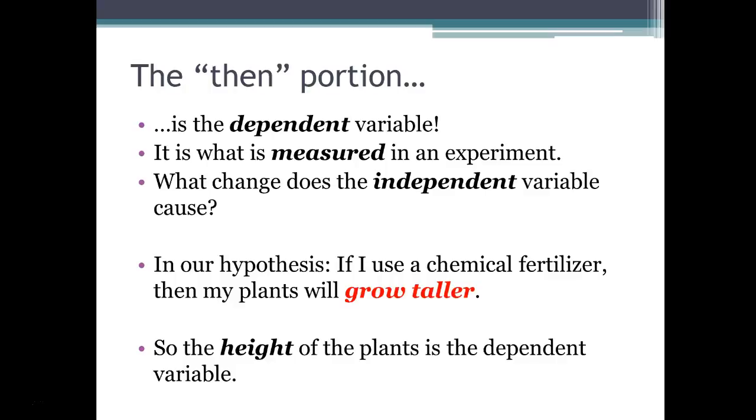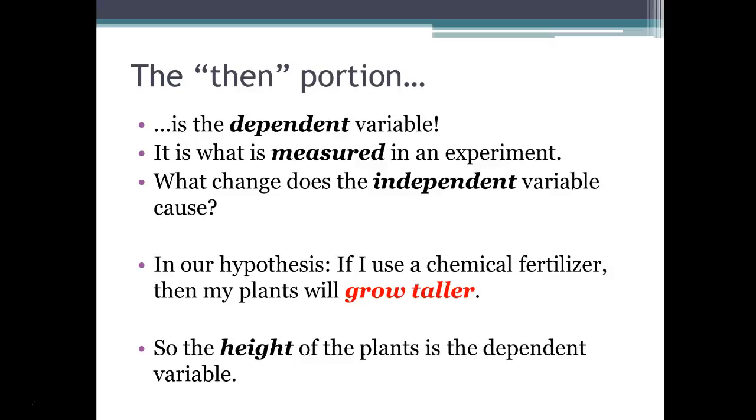Going back to that if-then statement, the then part of the hypothesis refers to the dependent variable. In every single experiment, the dependent variable is what is measured. You may have heard in the past that the dependent variable is what changes based on the independent variable, and that's also true. But if you think about what's being measured in an experiment, almost always that's going to point you towards the dependent variable.